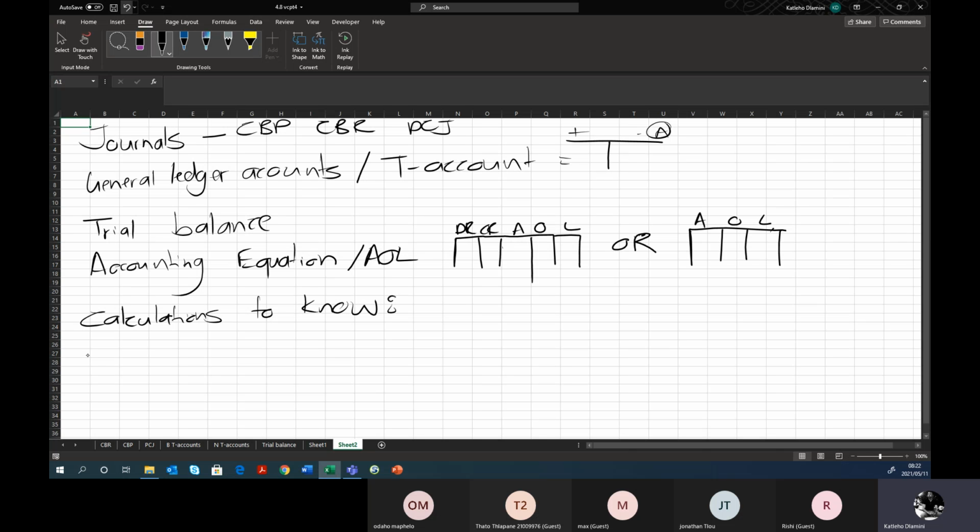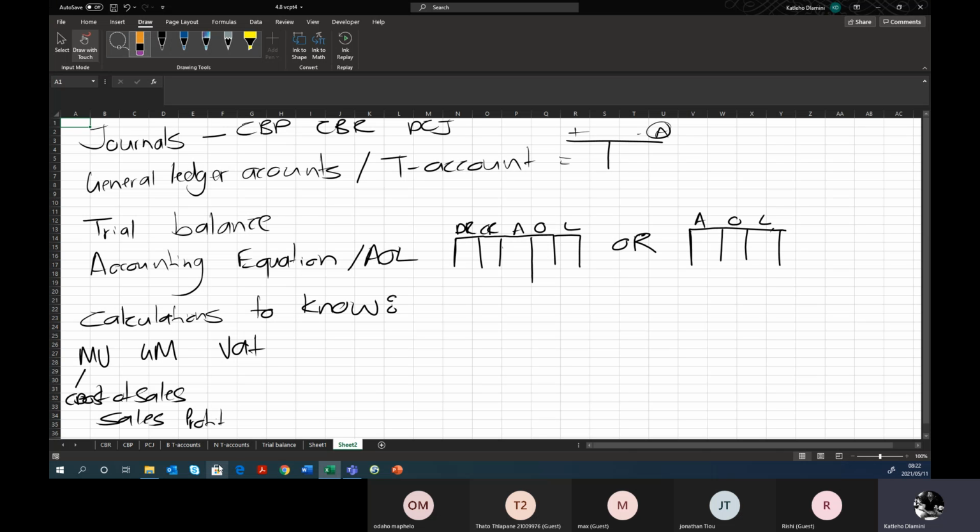Okay. So with markup, obviously, you need to know how to calculate your cost of sales, your sales, your profit.